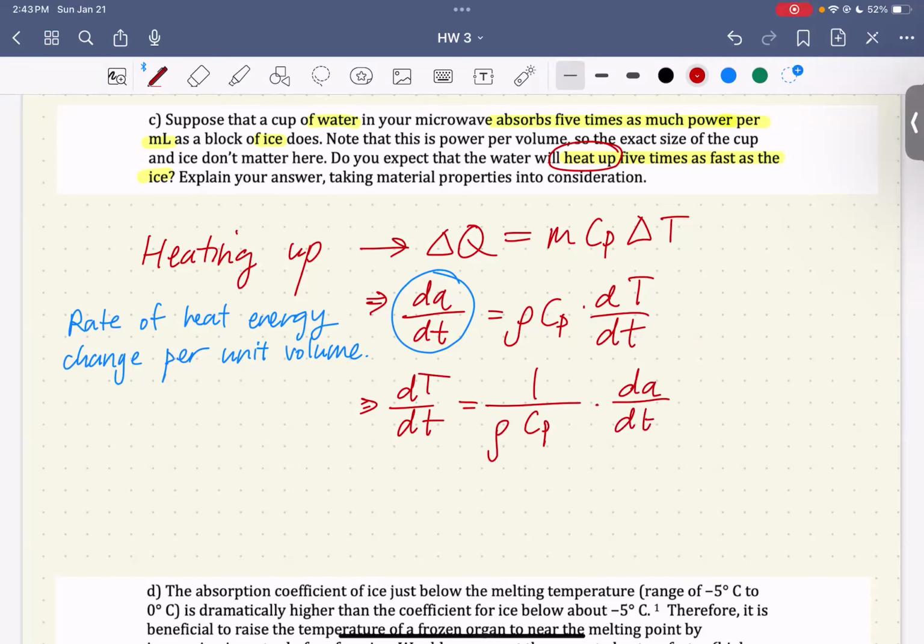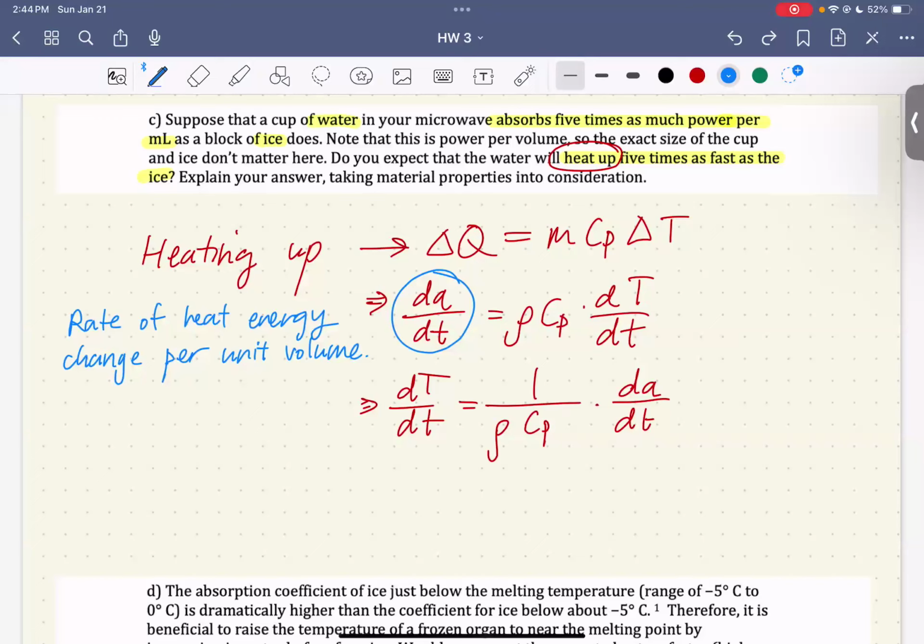And we're not saying the rate of heat energy change per unit volume, dq dt, is not talking about the power absorption, but we're more concerned with what the question is asking here. It's asking about the speed at which this water is heating up.